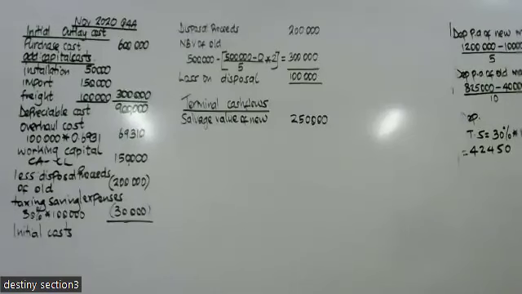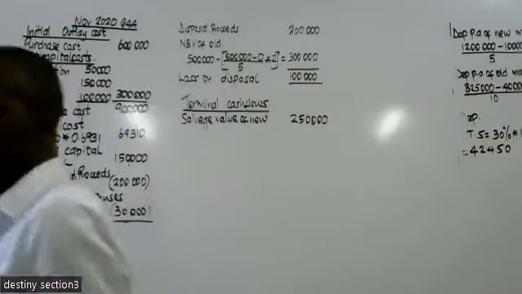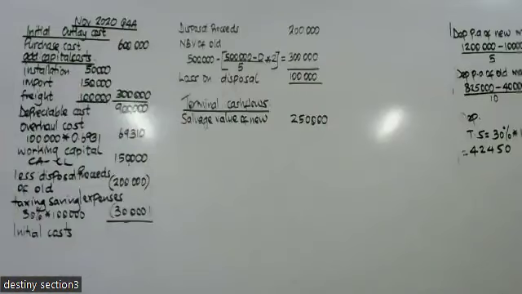So, what else? What else do we include there? We do not have a salvage value of the old scenario. What else?